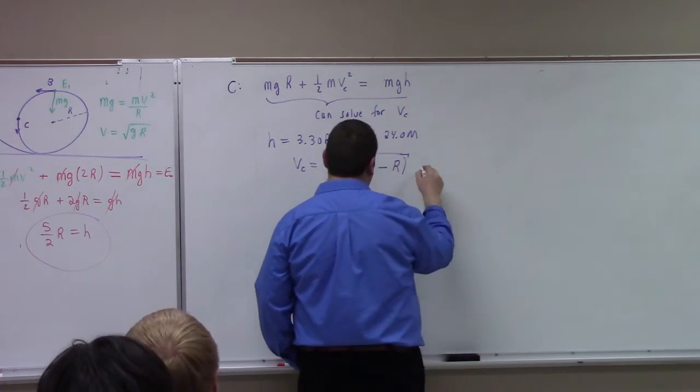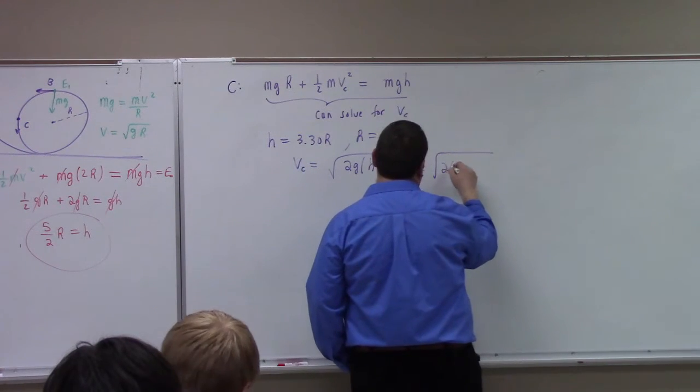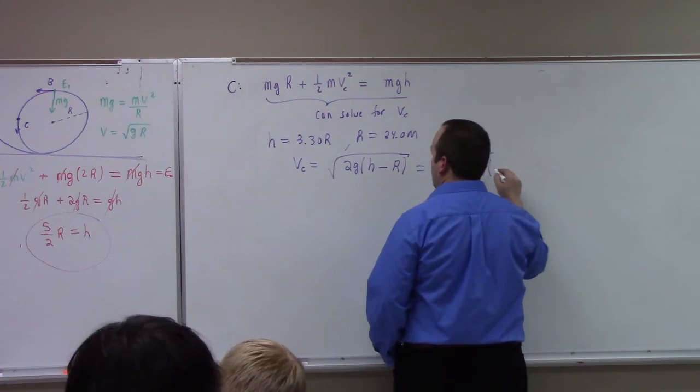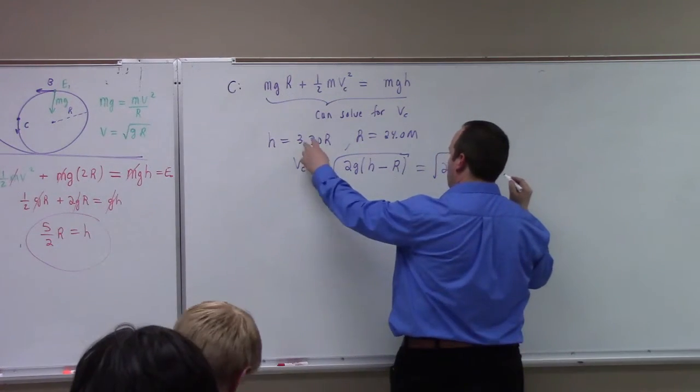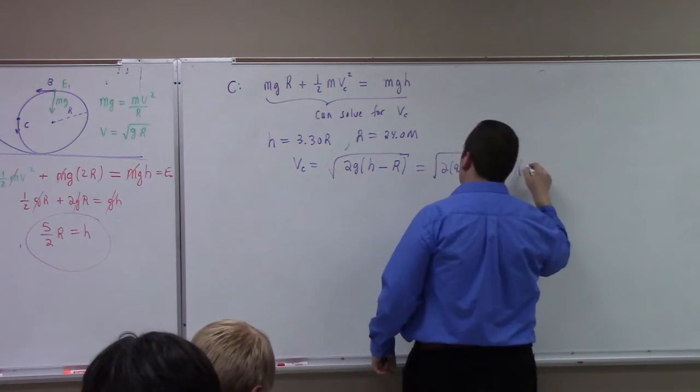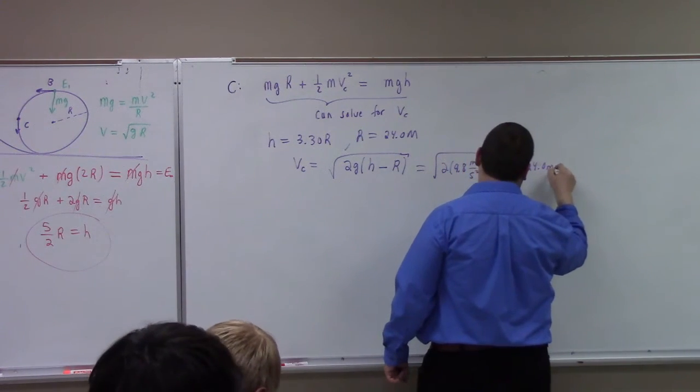Yeah. 2 times 9.8 meters per second squared, times 1.30 times r, 24.0 meters, whatever that works out to.